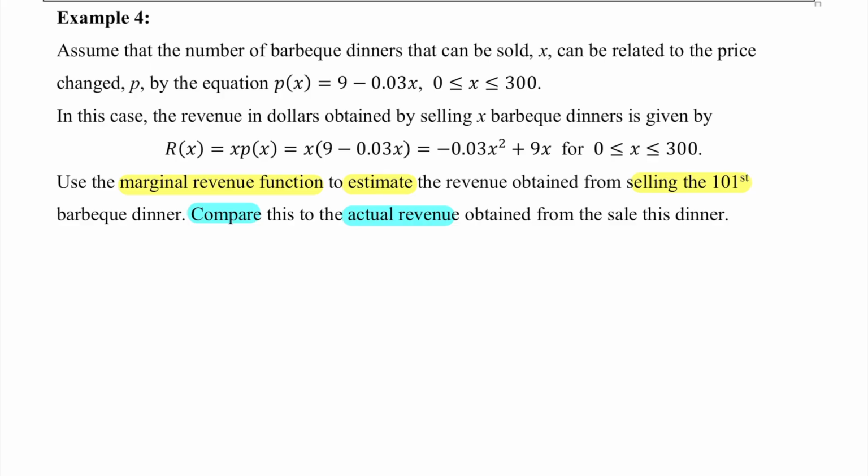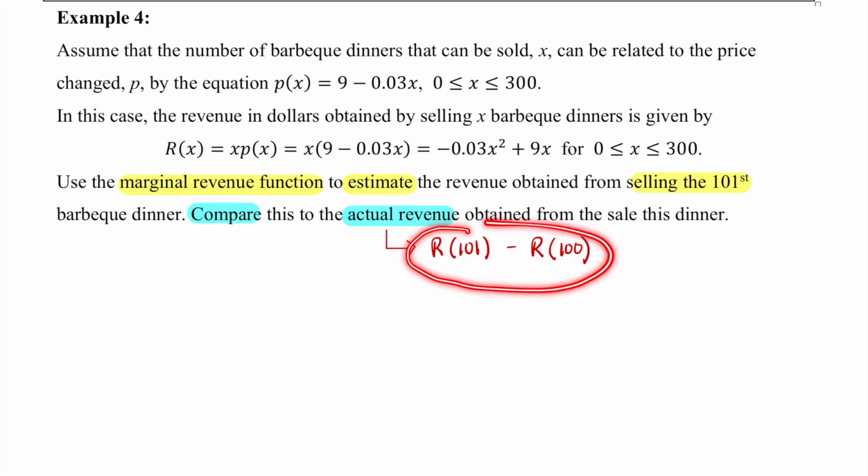Now, let's think about what revenue from the 101st dinner means. It means the extra revenue earned when sales increase from 100 dinners to 101 dinners. So the actual revenue from selling the 101st dinner is R of 101 minus R of 100. That is the increase in revenue when we sell one more dinner.